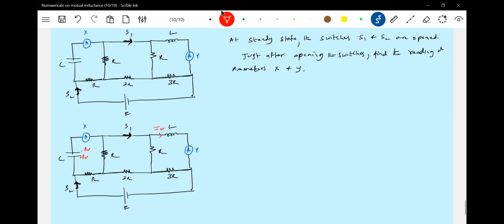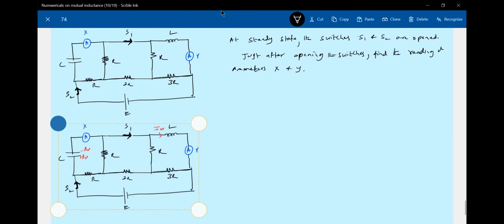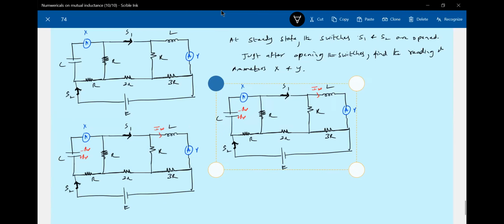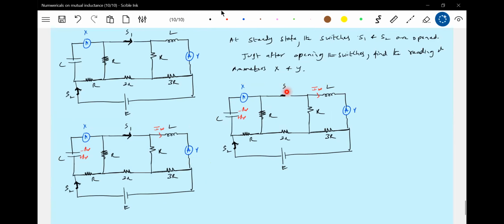The moment I open the switch, what conditions will arise? How will the current through the ammeters flow? Will they flow in the same direction? The switches are open. What will this capacitor do?